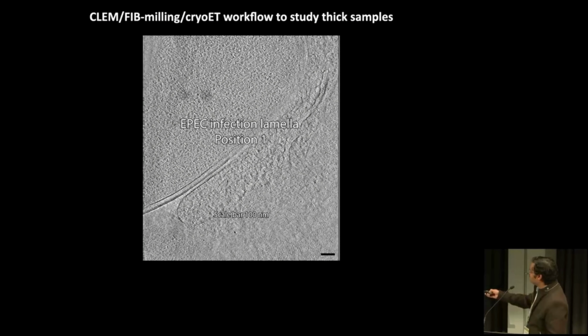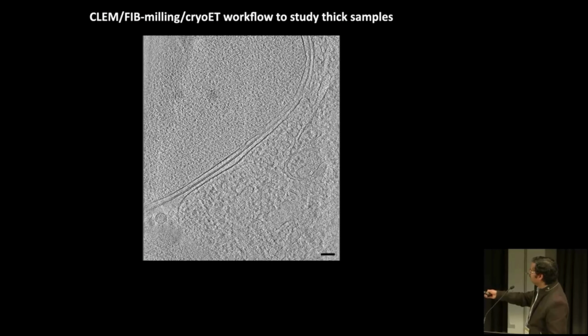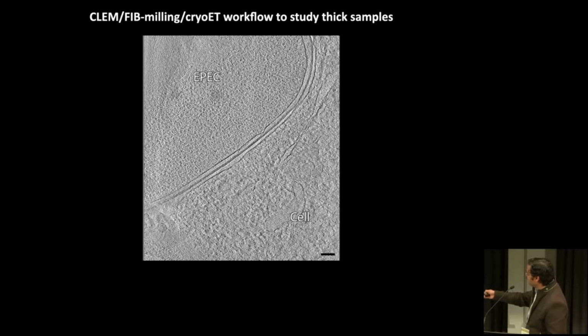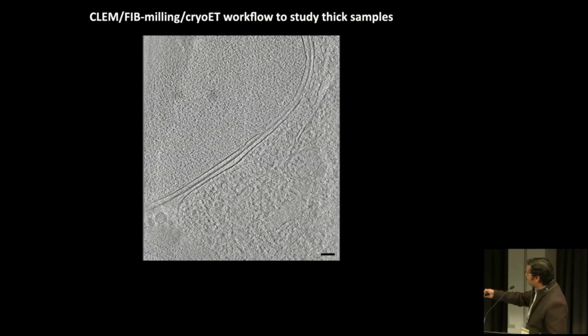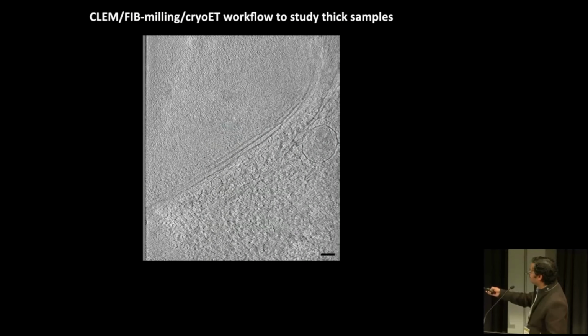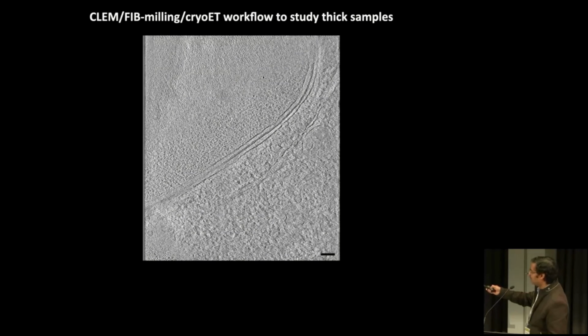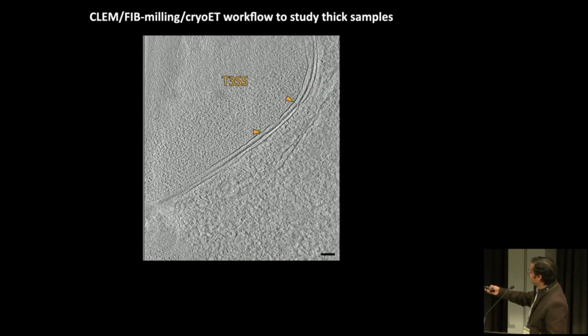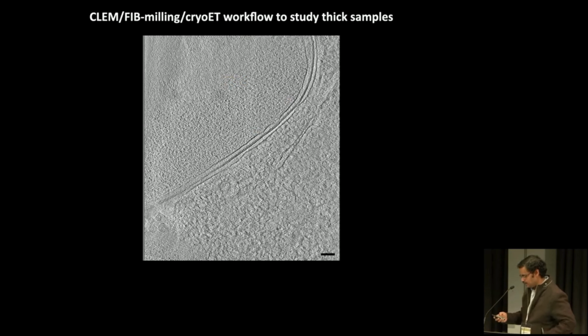So for example, in this case, we are looking at pathogenic E. coli interacting with epithelial cells, and you can clearly see the two leaflets of the outer membrane of the bacteria. That's the kind of resolution we have. And we can also see how cells interact with each other, and here you will see the bacterial secretion systems that are interacting with these epithelial cells and translocating effector proteins so that it can cause infection.